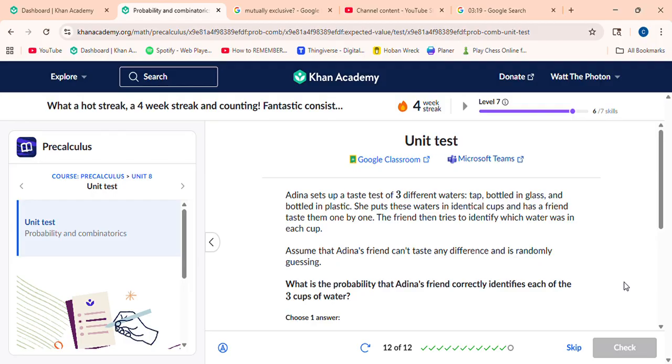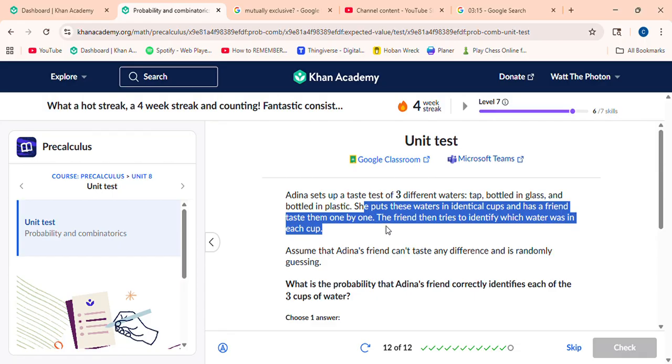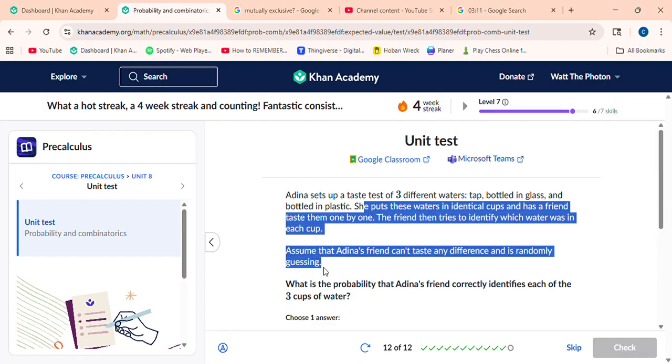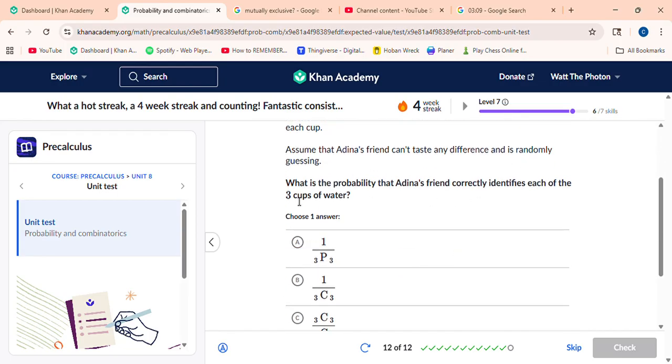Adeline sets up a taste test of 3 different waters: tap, bottled in glass, and bottled in plastic. She puts these waters in identical cups and has her friend taste each one. Then her friend decides what water is in each cup. What is the probability that Adeline's friend correctly identifies each of the 3 cups of water?